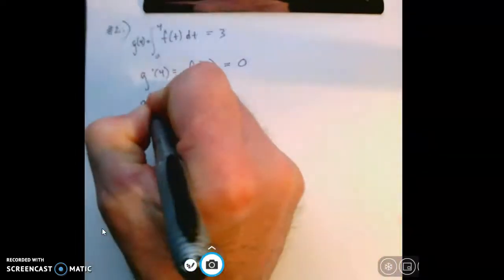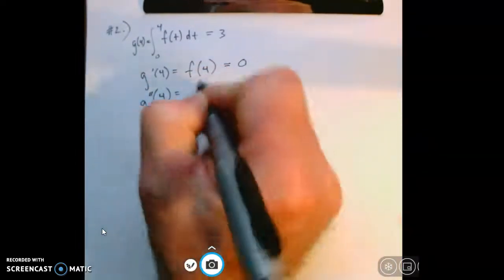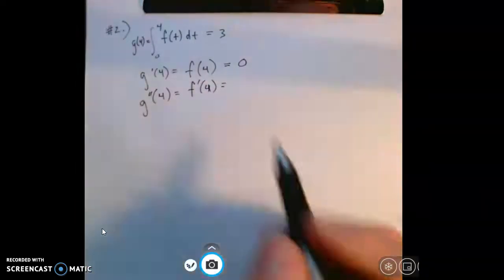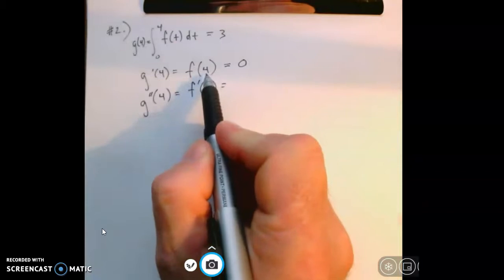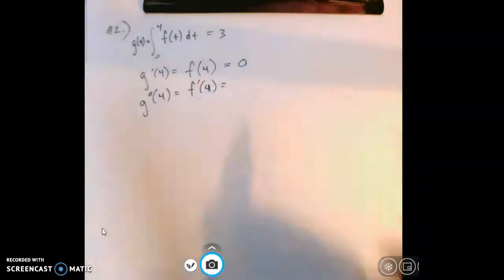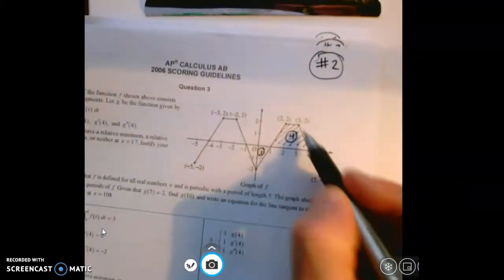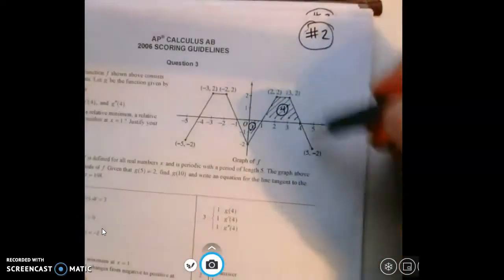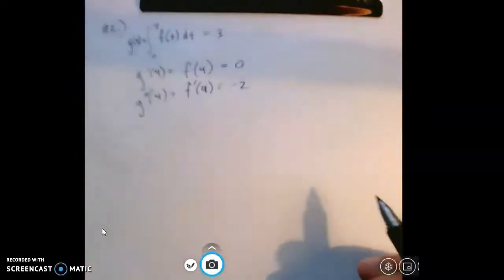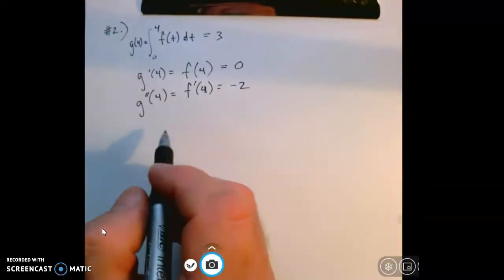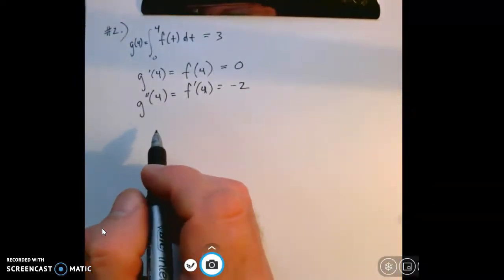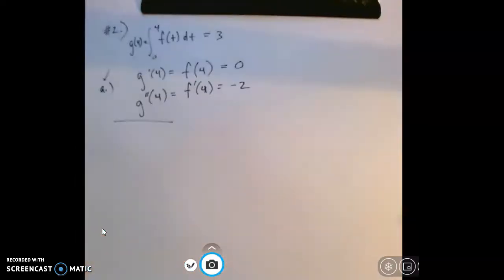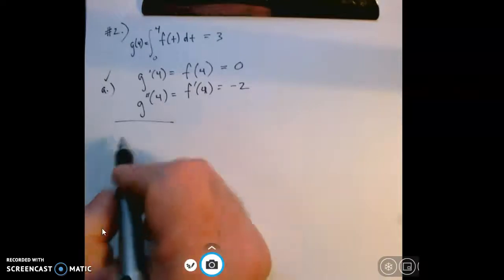And g double prime of 4 is equal to f prime of 4, which instead of being the y value at the graph, it's the slope at the graph. So this is -2, the slope of that line. Boom. So that's part A, pretty straightforward. Okay, that's part A. Part B.